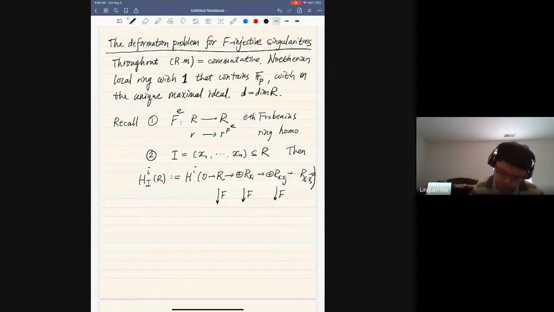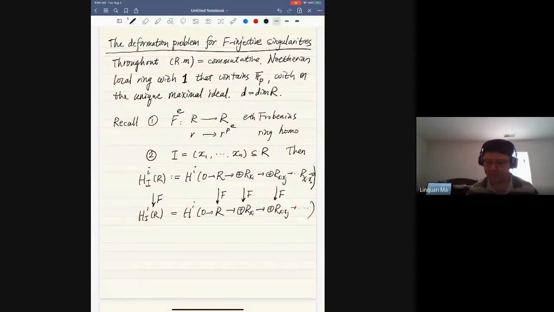In other words, there is a natural induced action on the local cohomology of R supported at any ideal. Again, the Frobenius induces a map on each of the localizations, so it induces a map on the Čech complex, and taking cohomology, it induces a map on the local cohomology.